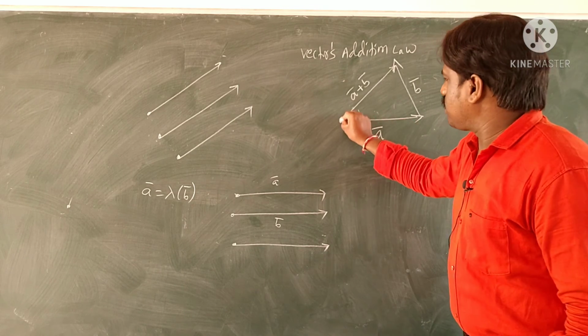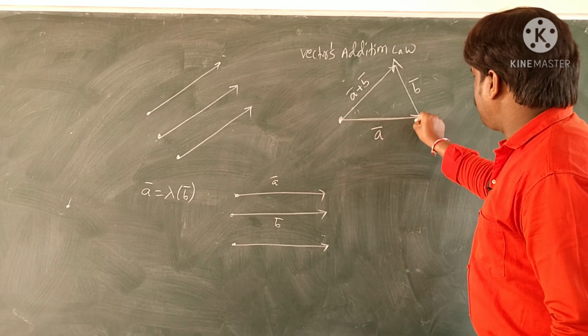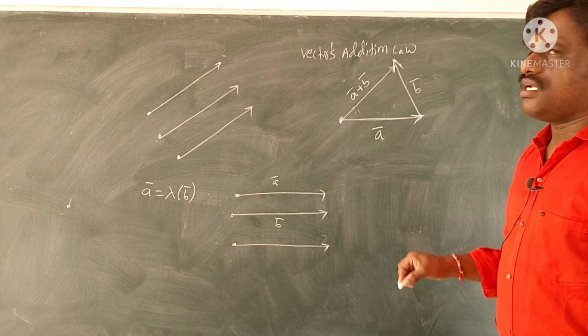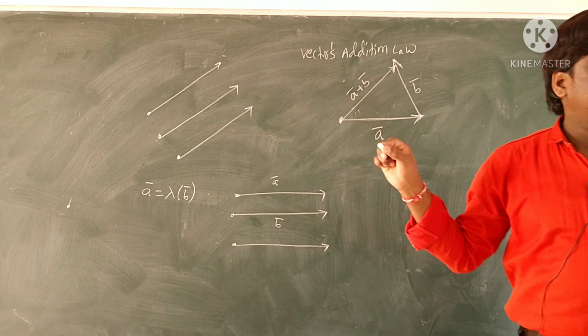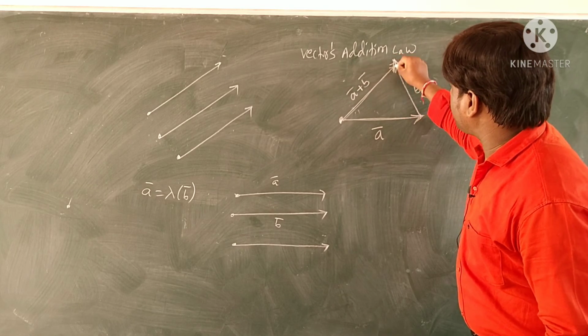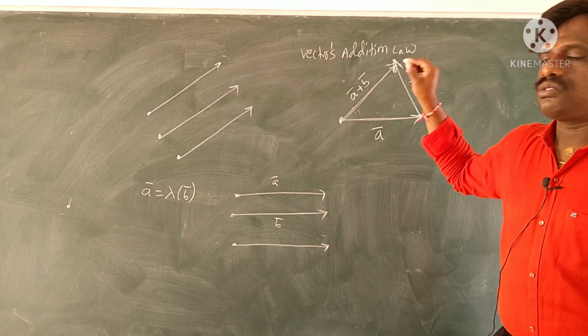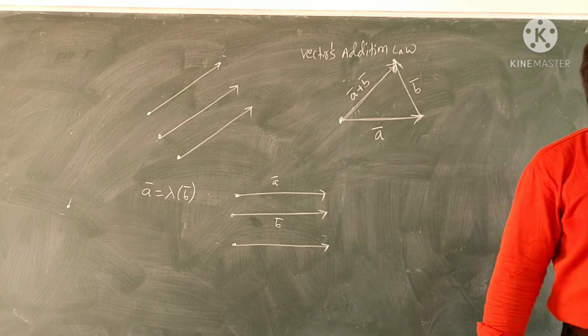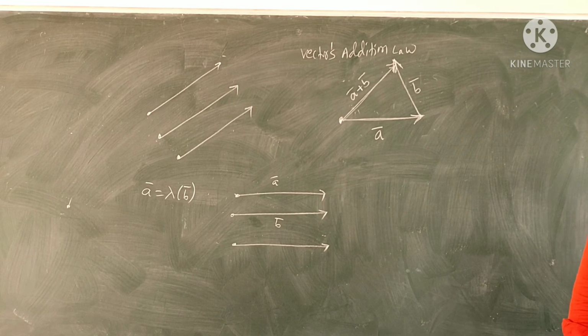This vector moved from here to here, and this vector from here to here. This is the smallest displacement, the shortest way you can reach here. So this is called A plus B, the vector addition law, the triangular addition law.